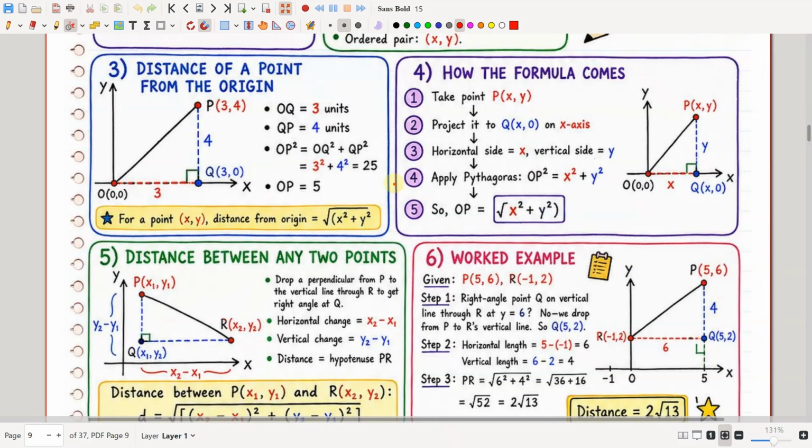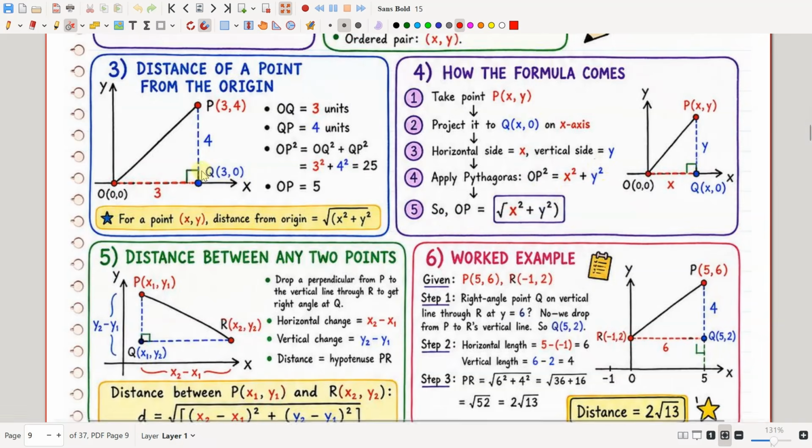How does the formula come? We take a point P at x comma y and project it to some point Q at x comma 0 on the x-axis. With the horizontal side and the vertical side, using the Pythagoras theorem, OP square is equal to x square plus y square. Therefore, OP is equal to root of x square plus y square.